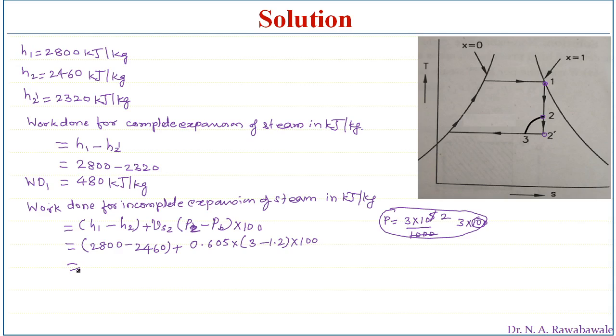V minus 1.2, 0.5 plus 4, 448.9 kilojoules per kg, the work done.